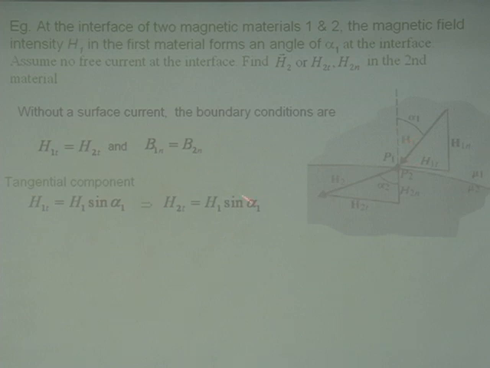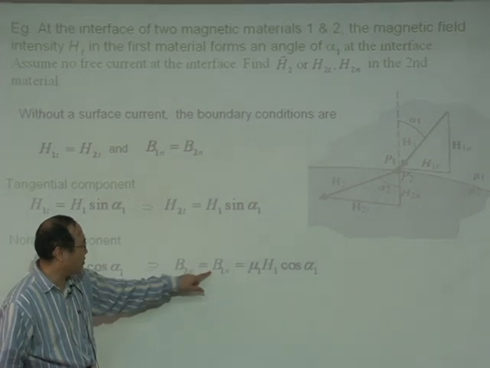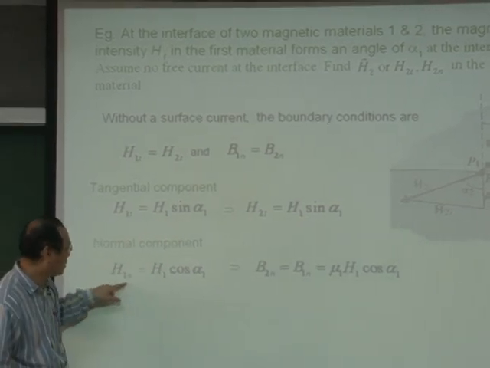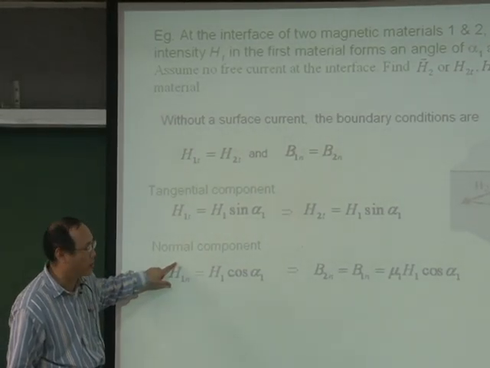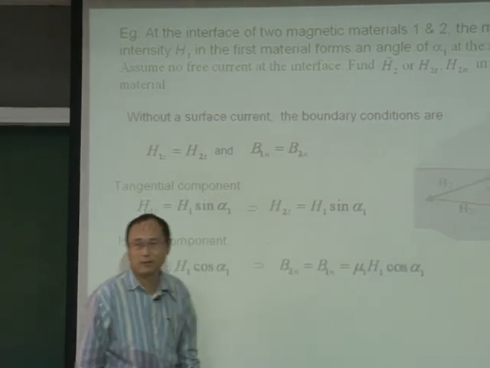Once you have the tangential component for H2 inside this material, then you need to figure out the normal component, H2n. And H2n is equal to B2n divided by mu 2. So let's first figure out B1n. And B1n, from the normal component, is basically the normal component H1n multiplied with mu 1.